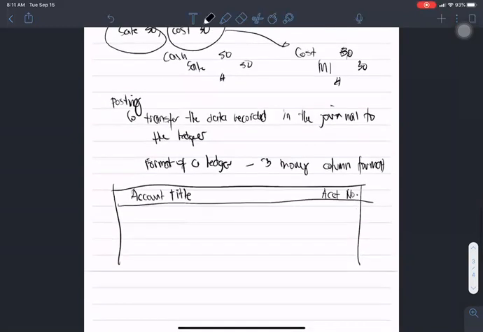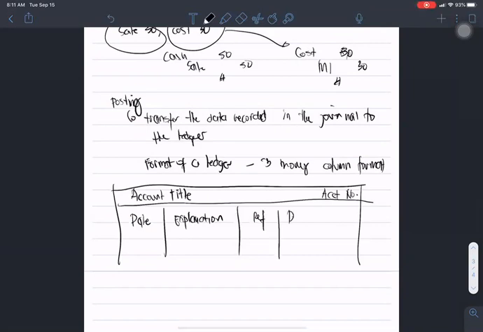First you have your date, and then we have your explanation. We have your reference, your debit, your credit, and your balance. So why is it known as the three money column format?